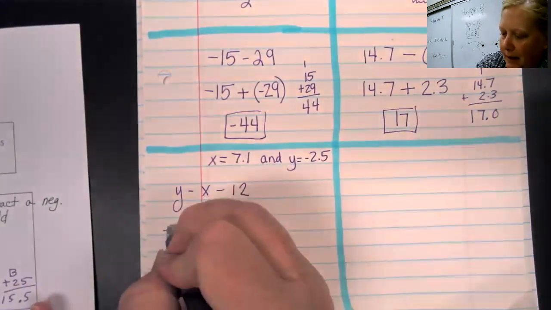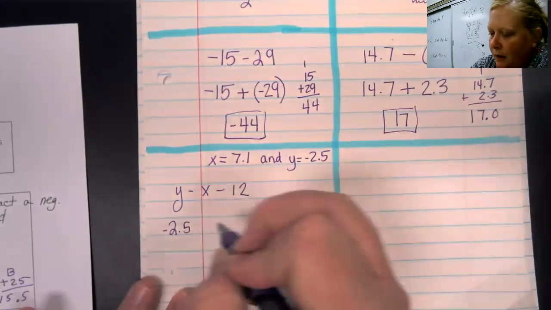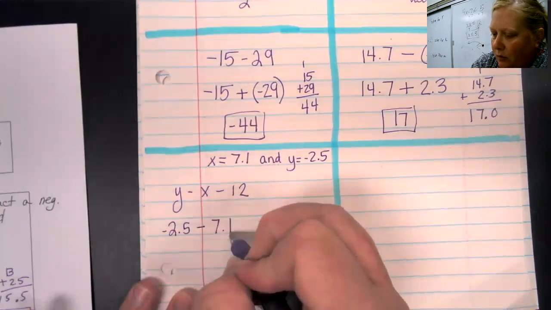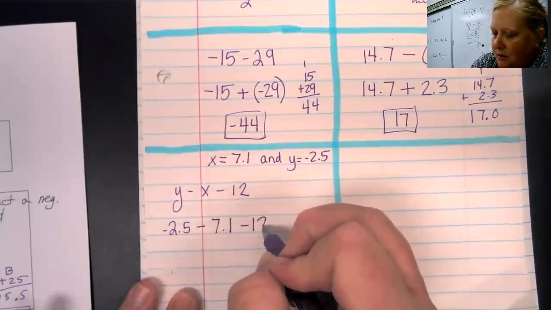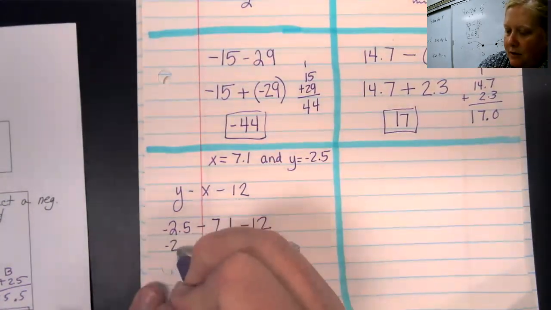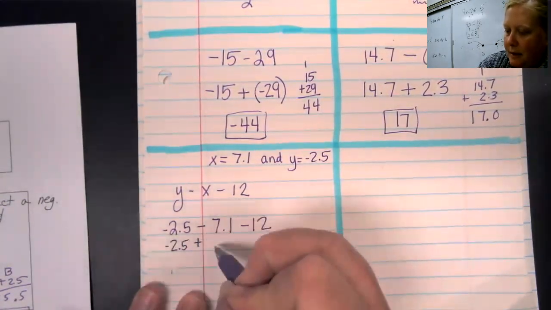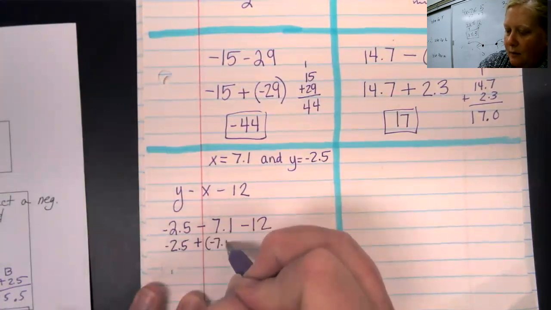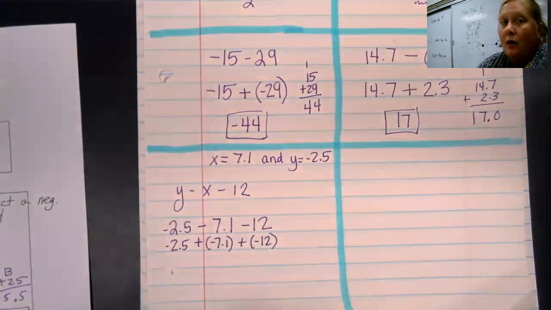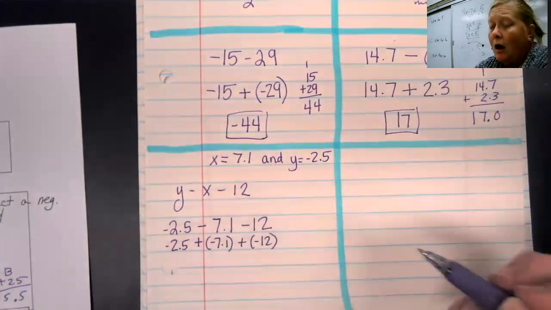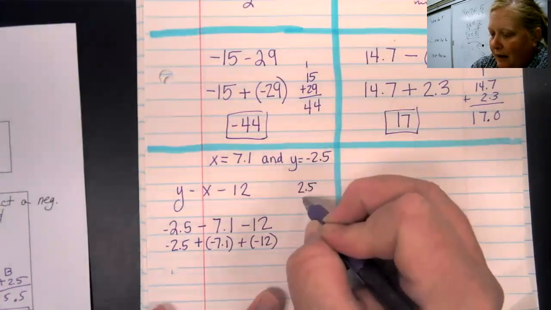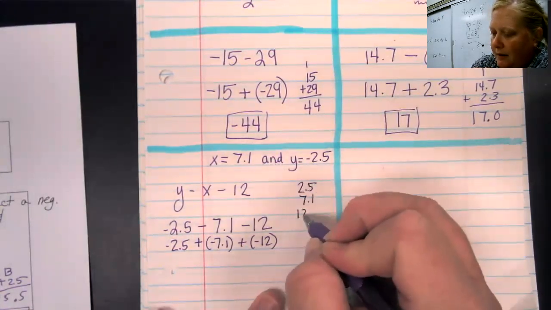So y would be negative 2.5 minus, because I'm following this, and x would be 7.1, minus 12. Wow. So let's rewrite this. This would be negative 2.5 plus a negative 7.1 plus a negative 12. And they're all negative. Well, that's easy. If they're all negative, then my answer is going to be negative. So I'm going to add 2.5, 7.1, and 12 together.